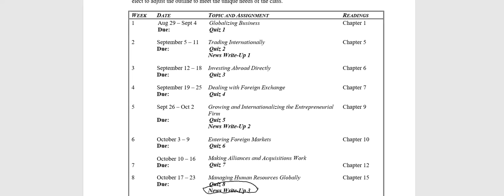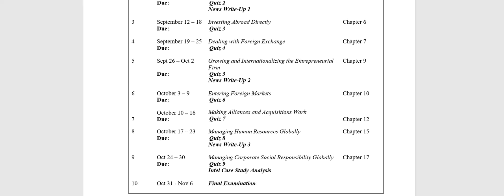So this is the way it goes. Remember again, every week you have a quiz, you have to answer the question on the discussion board, and depending on the week you have to write something about the news you read. Of course the last one is the case analysis, which is in week 9, and week 10 is the final examination, the whole week.